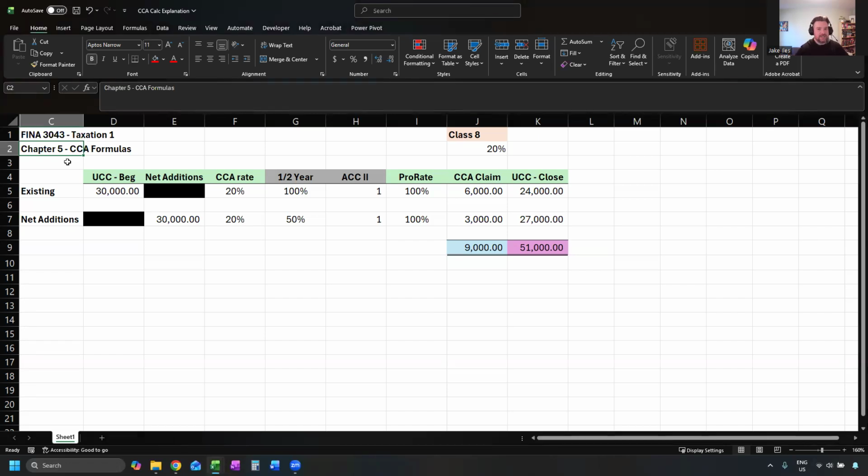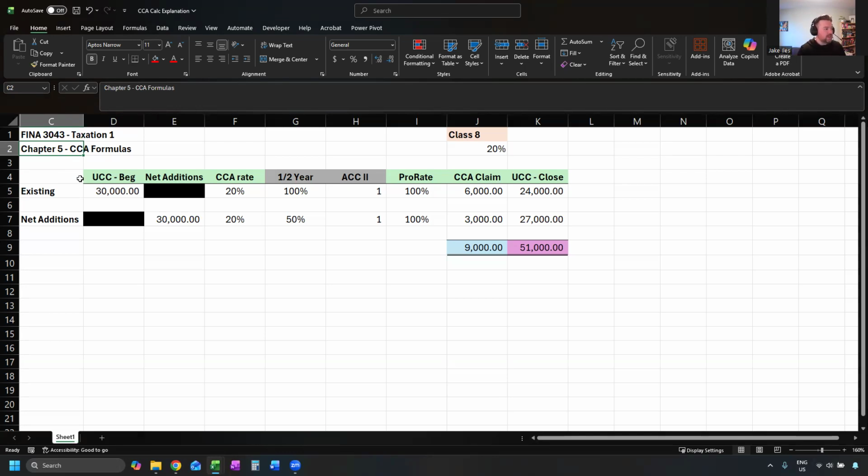Now, the CRA is not interested in auditing every management assumption, so they use what's called capital cost allowance, CCA. Capital cost is the original cost for a given asset. The allowance is how much you are allowed to expense in a given year. In the same way that amortization is expensing a portion of an asset's cost, capital cost allowance is how much of that cost I can expense.